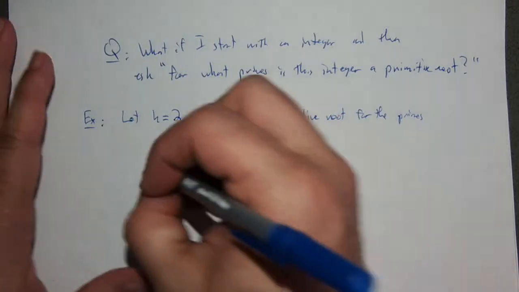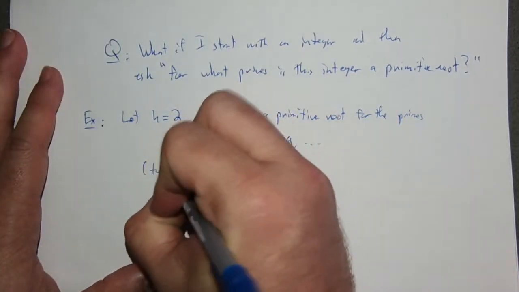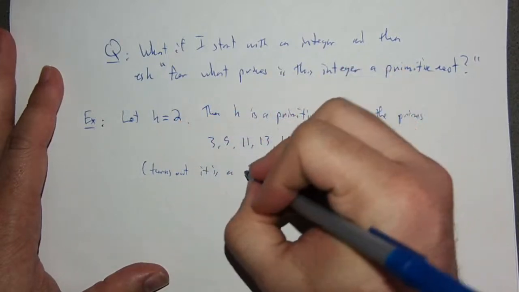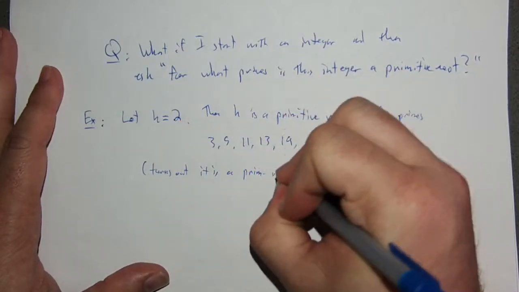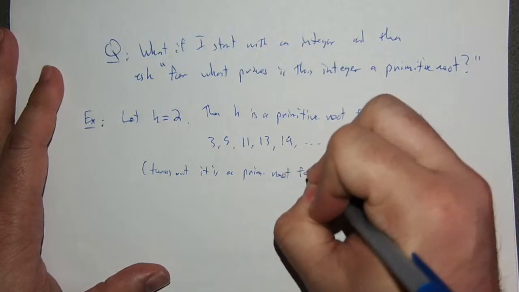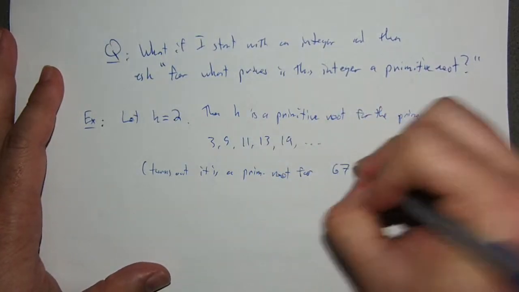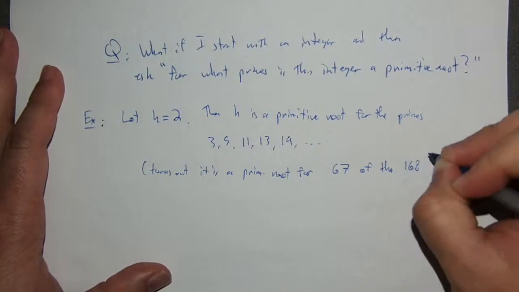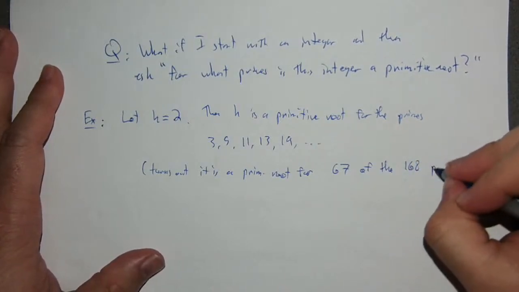So it turns out it is a primitive root for 67 of the 168 primes less than 1,000.